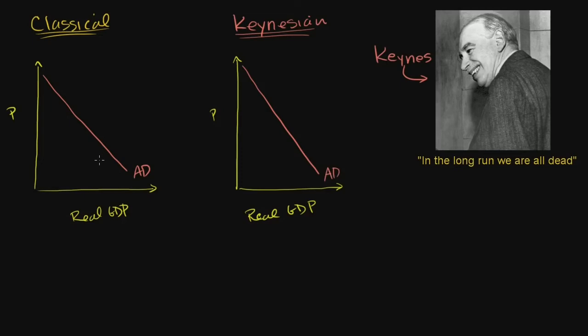That's aggregate demand right over there. We've already seen it. The classical view is that in the long run, an economy's productivity or productive capacity or its output shouldn't be dependent on prices.